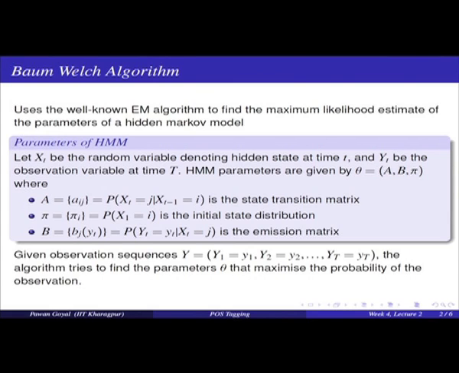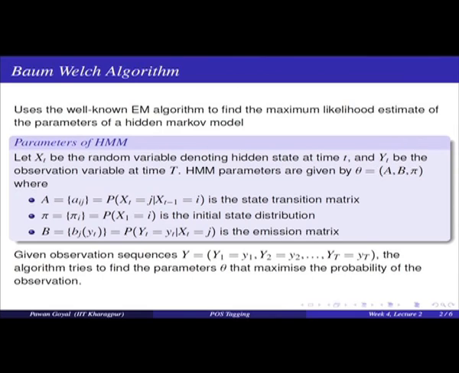My aim is to find the optimal set of parameters theta that maximize the probability of these observation sequences. That's where I am using the Baum-Welch algorithm, to find the optimal set of parameters theta that will maximize the likelihood of observing these observations. That's why I am using the expectation maximization algorithm.